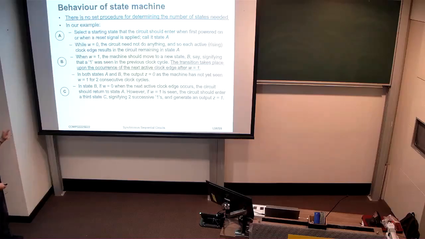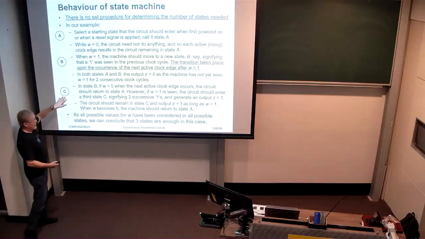So if we get W is 0 in state C, we should return to state A, right? But if we get a 1 in state C, which really denotes the fact that we've seen two 1s in a row in the previous 2 clock cycles, then we should stay in this state, because it's still true that we've seen two 1s in a row in the previous 2 clock cycles, right? So while we receive a 1, we stay in state C.